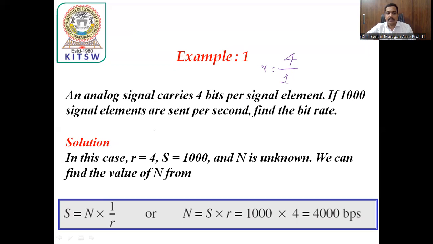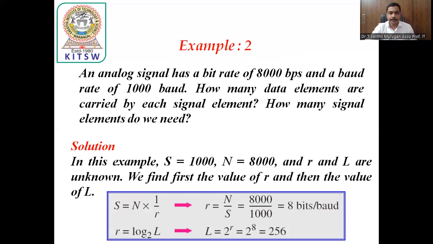Already we know the formula S equals N into 1 by R. Here R equals 4, S equals 1000, and N is unknown. So we change the formula to N equals S into R. S value is 1000, R value is 4. So 4000 bits per second. That is the data rate.